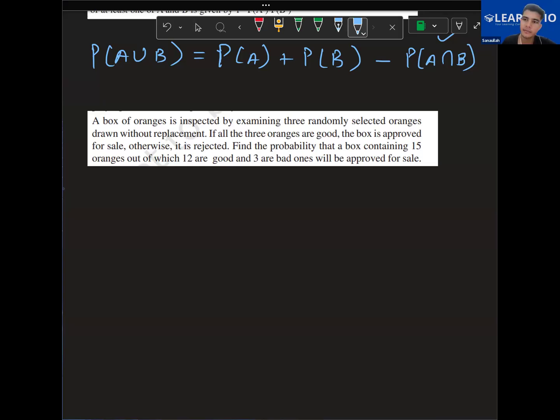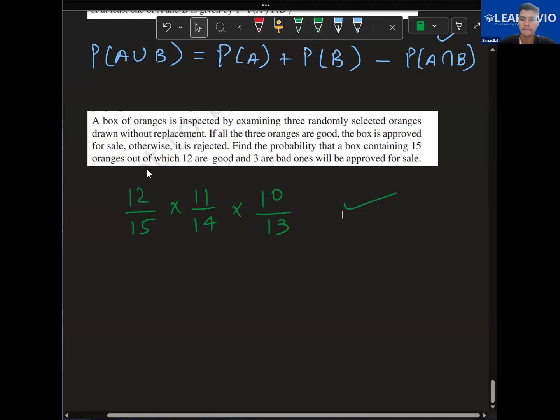And 3 are bad. So obviously you have to select from these 12, right? Yes, sir. So from here 12 by 15, 11 by 14, and 10 by 13. All right, this is the right answer. Sir.